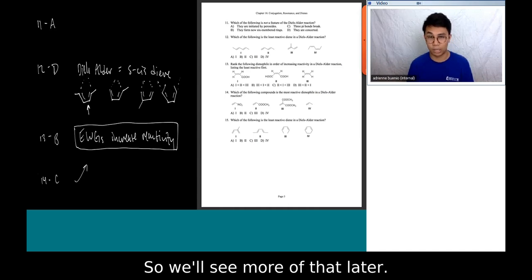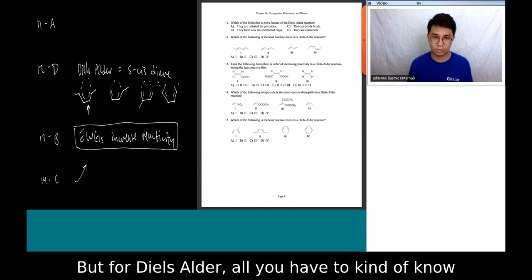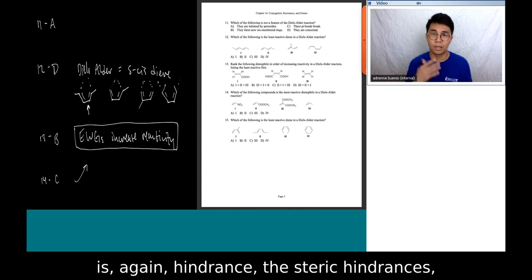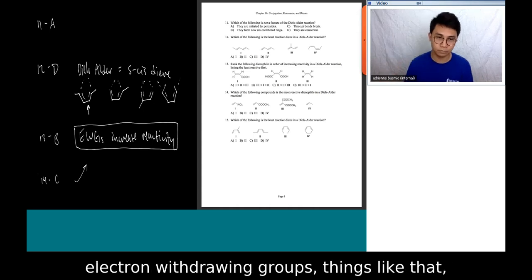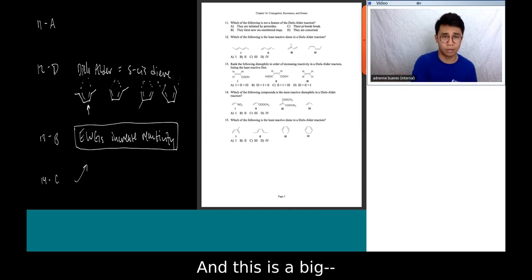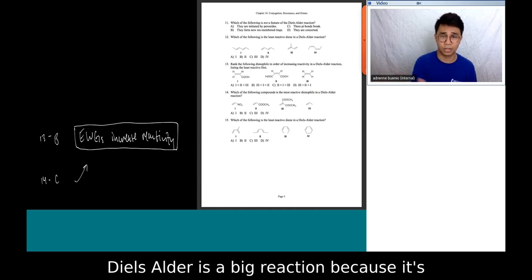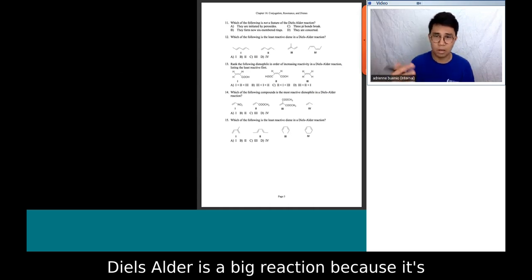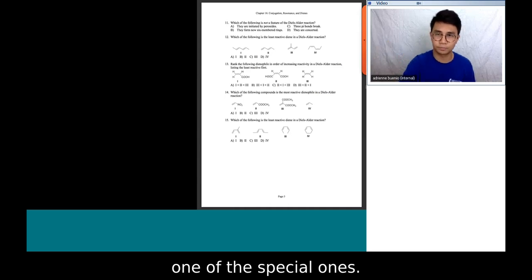So we'll see more of that later. But for Diels-Alder, all you have to kind of know is again steric hindrances, electron withdrawing groups, things like that. Dienes are dienophiles, right? And Diels-Alder is a big reaction because it's one of those special ones, right?